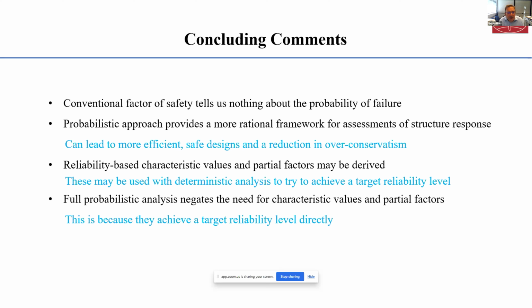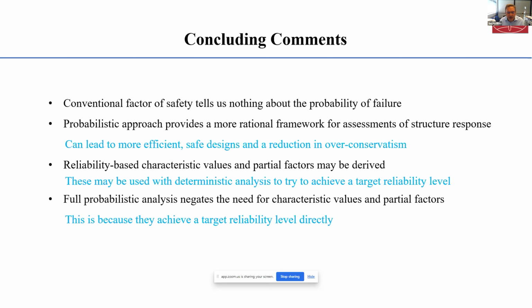It is possible to derive reliability-based characteristic values and partial factors. And these can then be used in what we call a semi-probabilistic approach. So what we can do is use these reliability-based characteristic values and partial factors in a standard deterministic analysis to try and achieve a target reliability level.